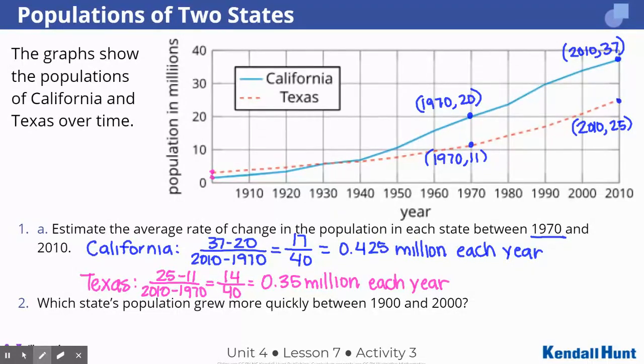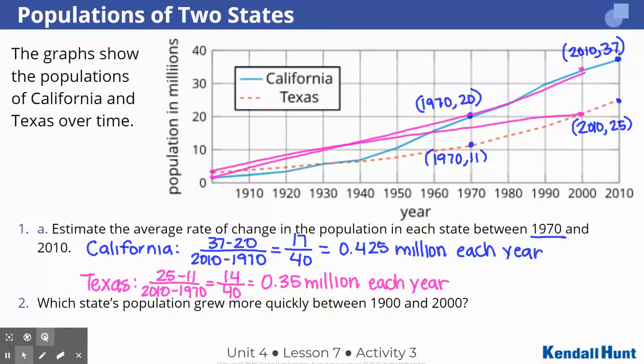And then in 2000, if we look at the slope of the line there, and then the slope of California's line at 2000, you can tell that the slope is going to be higher for California. So it's going to have a higher rate of change than Texas just by looking at the graph.